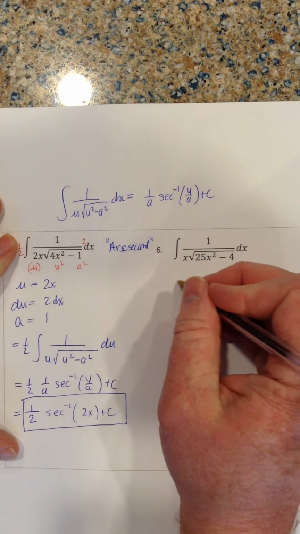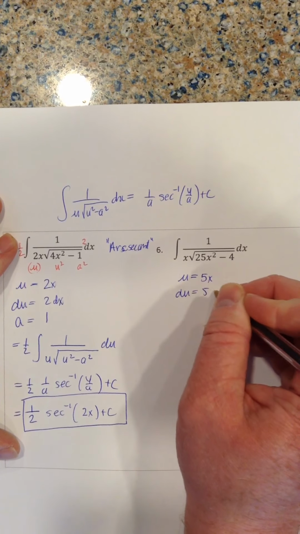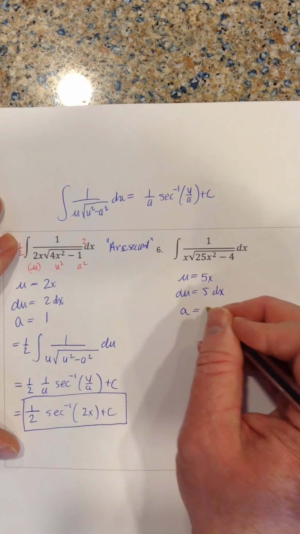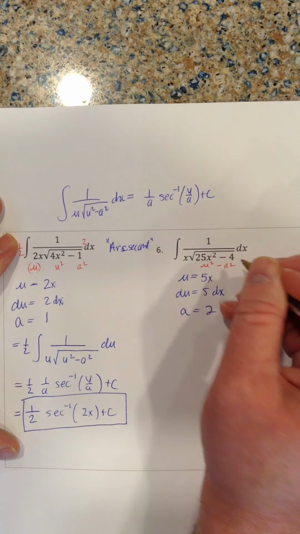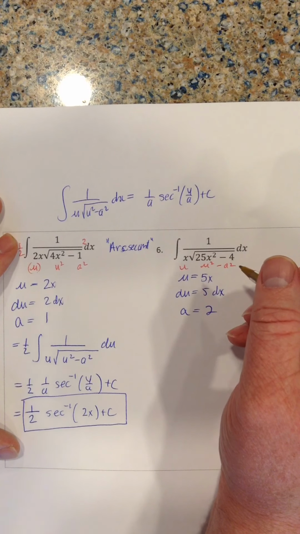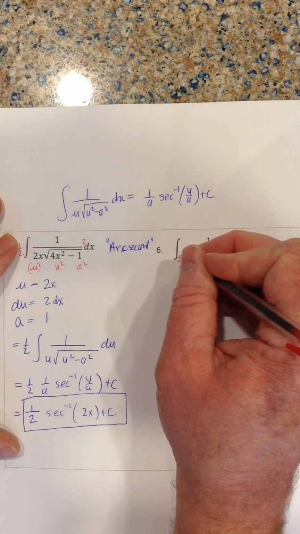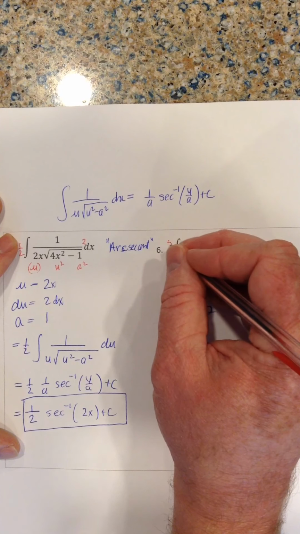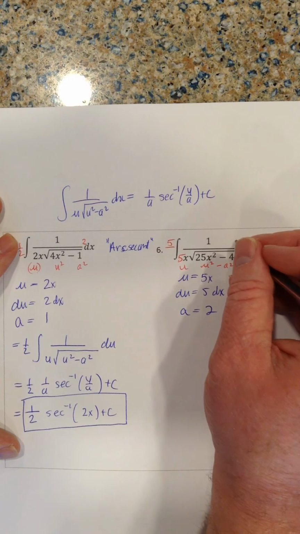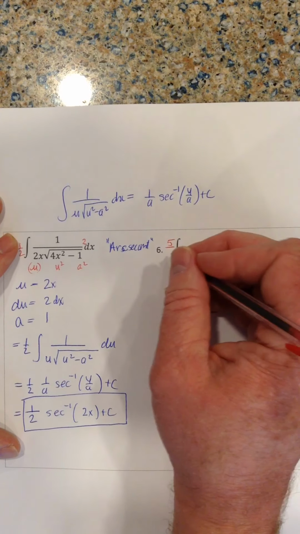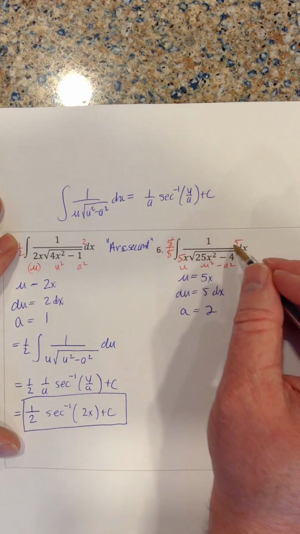Okay, last one. u equals 5x, so du equals 5 dx, and a would be 2. So notice I have u squared minus a squared, that's u. Well, here u needs a 5, so if I put a 5 down there, I have to put a 5 on the outside. And I need a 5 dx there, so I need a 5 down there. Well, that's just 1, or I could just view it as 5 over 5 as 1.